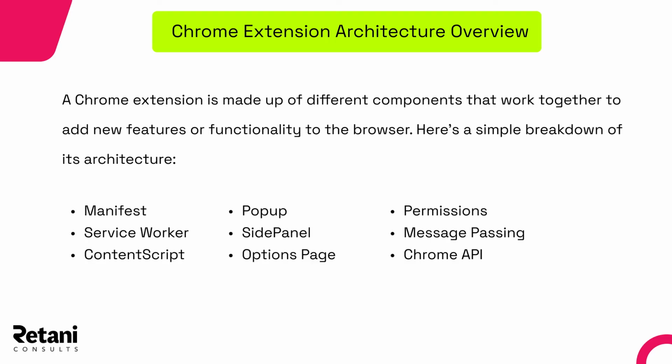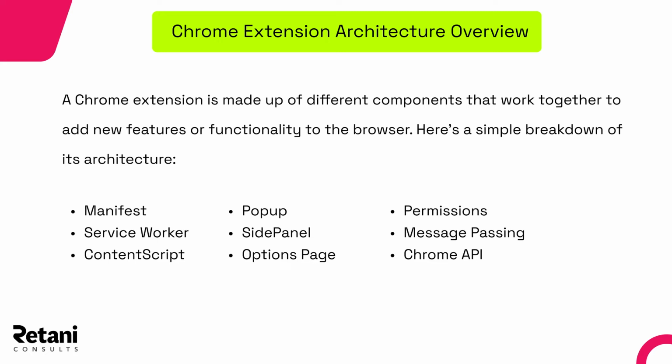Now, in this screen, we're simply going to be looking at the Chrome extension architecture overview, because different components play important roles in Chrome extension development. You have your manifest, where you specify metadata like the name of the extension, the version, and the permissions it intends to use. You have your service worker, and you have different components.